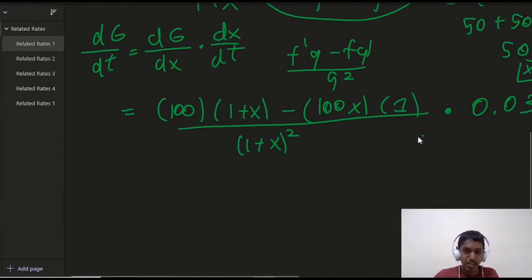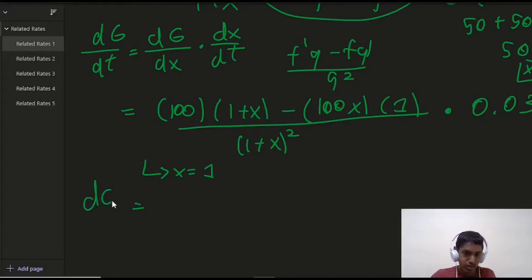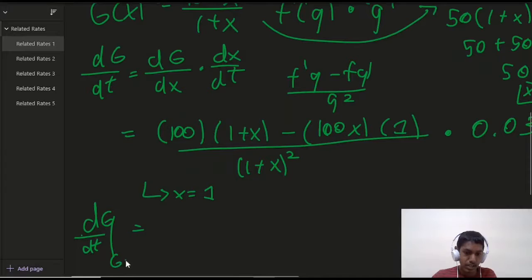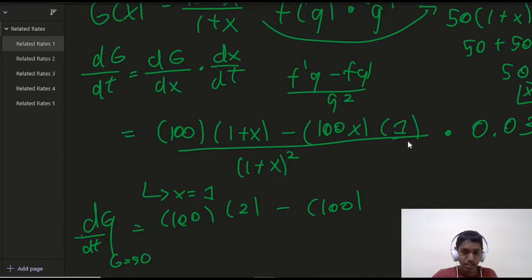So now we just plug in x is 1 here, and then we will get our dg/dt at that point. So dg/dt at g is 50. Alright, so 100, and then 1 plus 1 is 2, minus 100, and then we leave that 1 out, over 1 plus 1 is 2, squared is 4.